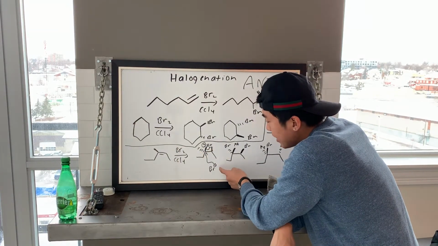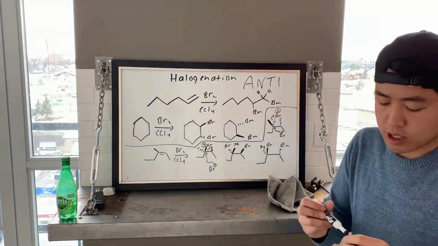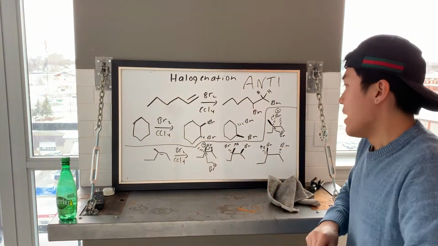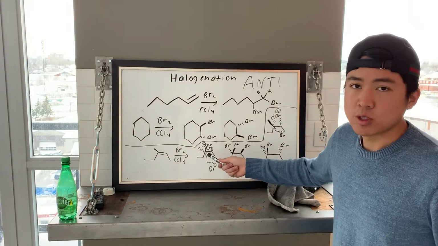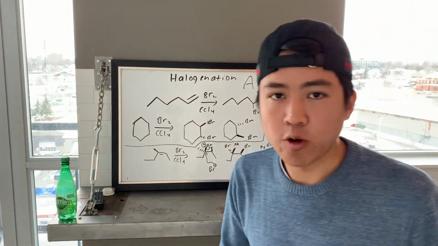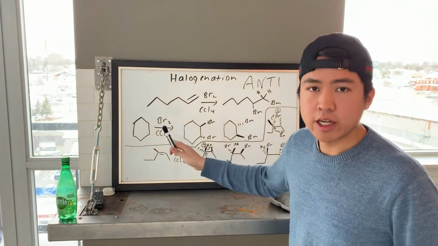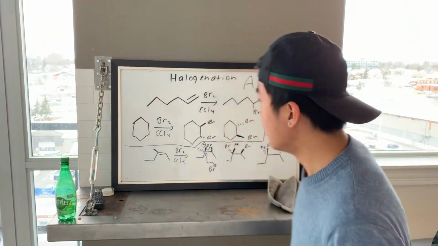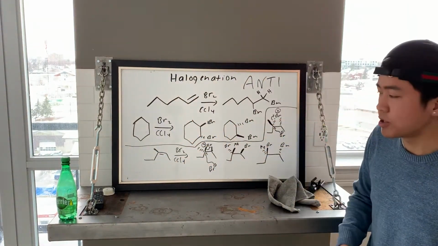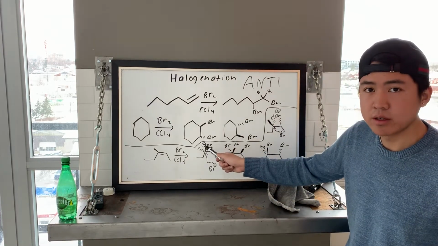So when a Br minus comes and hits the more substituted side, the rule of thumb is whenever you have a positively charged triangle, you hit the more substituted side. I didn't really go over it, but for oxymercuration-demercuration, there is a positively charged triangle, it's the Hg, and we inherently added the OH or the CH3OH to the more substituted side. This goes ahead, hits the more substituted side, that means this bond has to break.